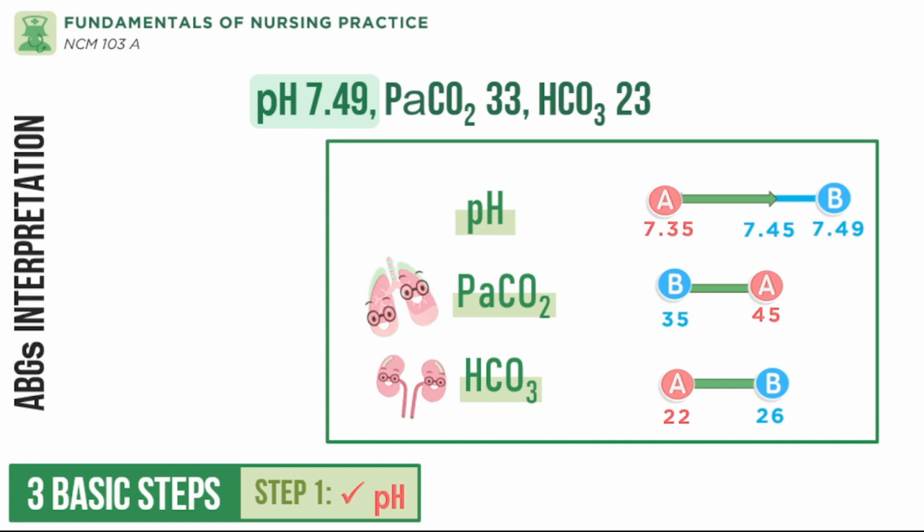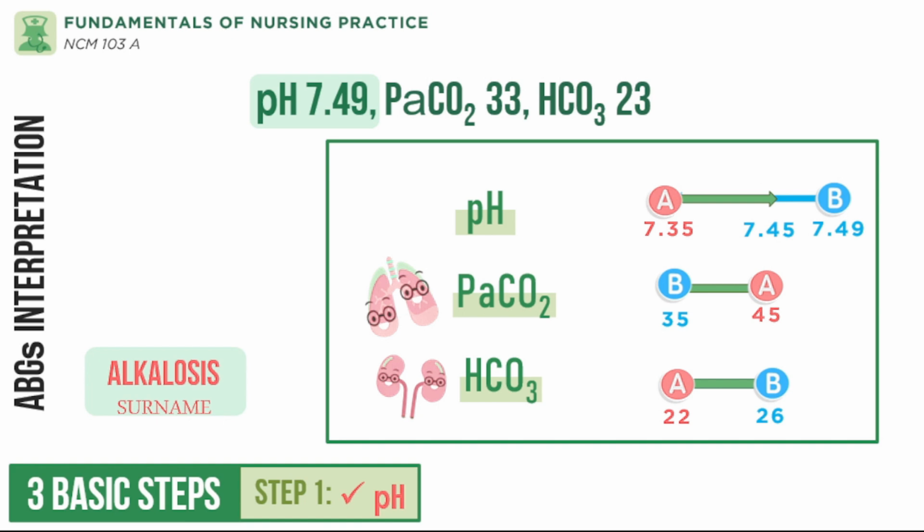If that is letter A, we are on the acidotic side. Now, the example 7.49 signifies that the patient is in an alkalotic state. So we have our surname. For the pH, we have alkalosis.